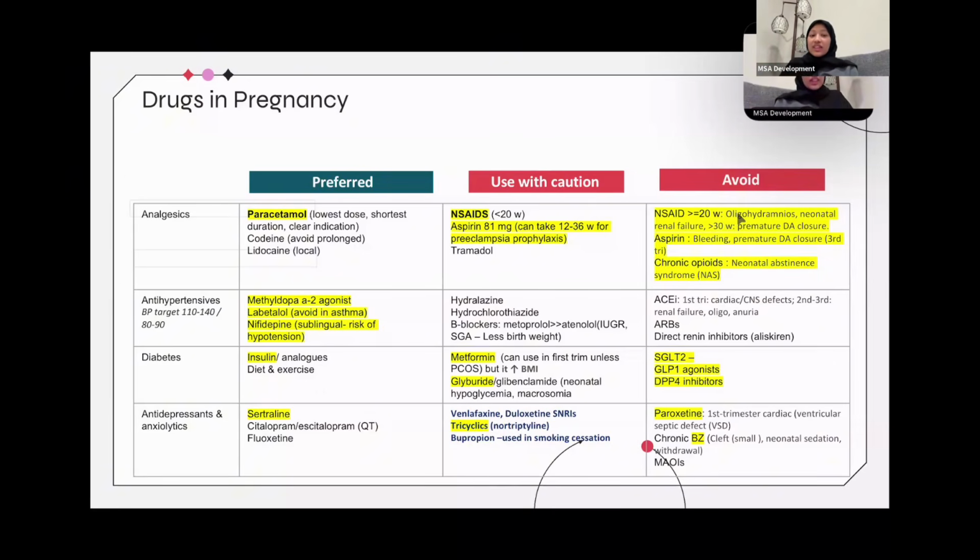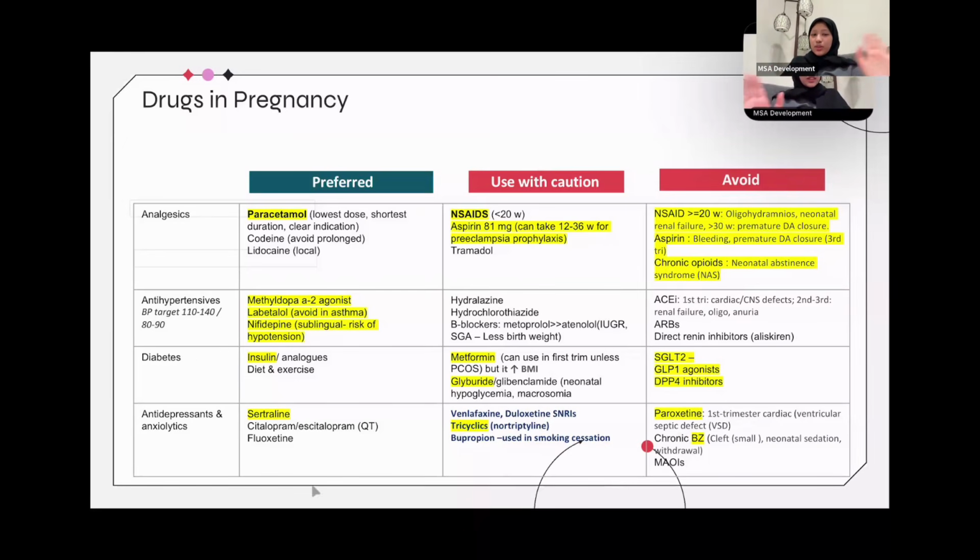Avoid completely an SSRI called paroxetine because it will cause first trimester cardiac defects, especially VSD, ventricular septal defect. I don't know the reasoning behind this, but paroxetine is not good. It has an X in the name, so parox-X, don't use. The rest don't, right?